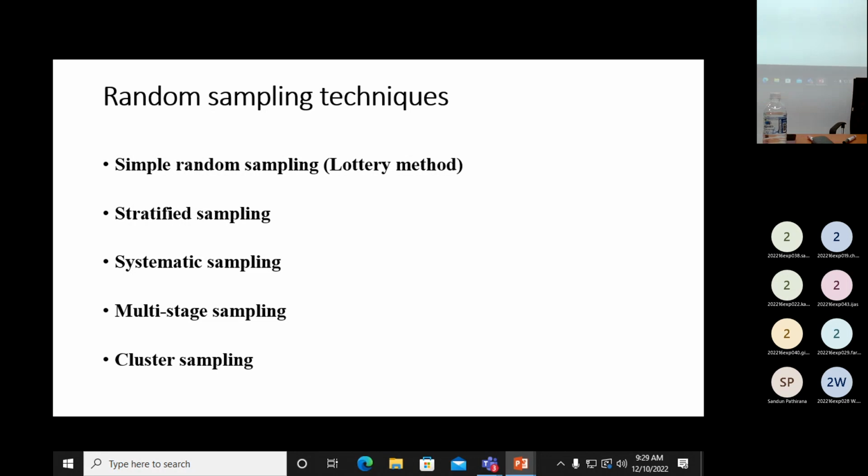Then, second disadvantage, if you cannot see any difference in stratification, all are male, you can't apply. All are graduate, you can't apply. Then you can go for simple random sampling. If we cannot see a difference in stratification, this method cannot be applied.